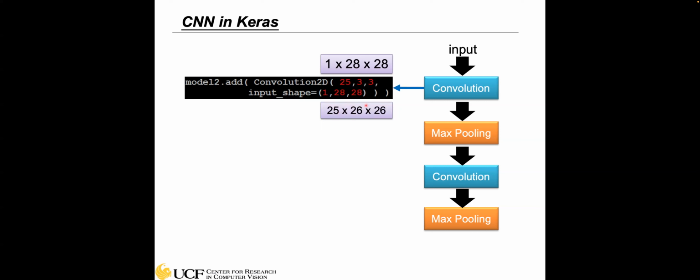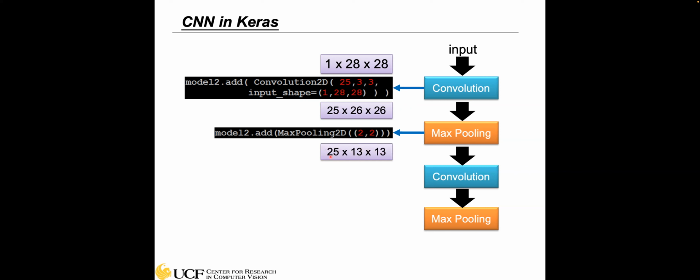If we don't do padding and we use stride 1, we generate a feature map of size 26 by 26. That's the spatial size. We go through a 2 by 2 max pooling layer and reduce the spatial resolution by half. The 25 channels don't change, because pooling just reduces the spatial resolution. That is 13 by 13.